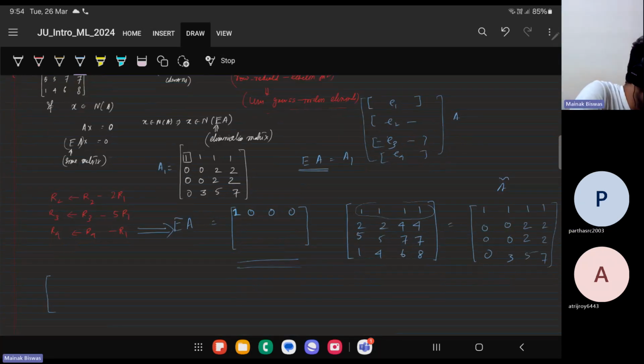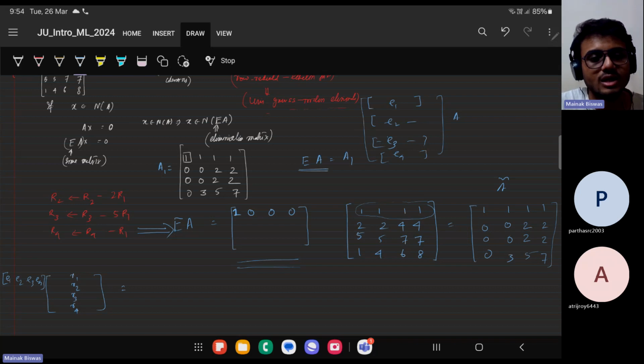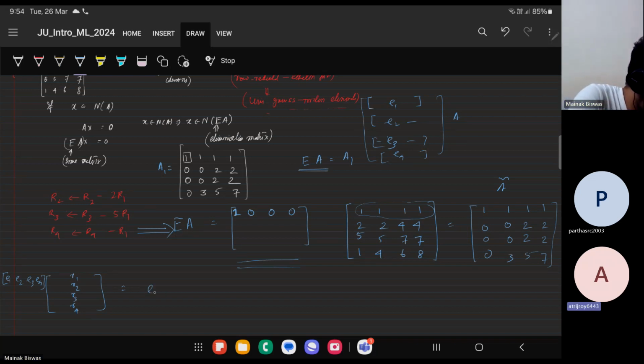What does this mean? Say R1, R2, R3, R4. You have 4 rows, okay? What does this mean? E1, E2, E3, E4. I just now told you. What is in the beginning of the class? What does this mean? E1 R1, E2 R2, E3 R3 summation.